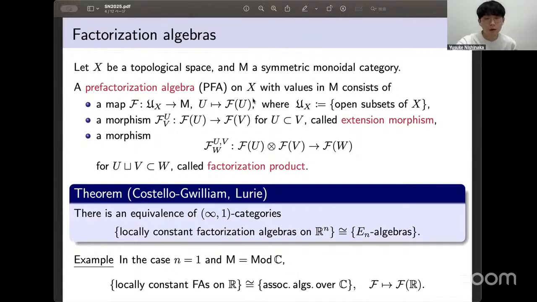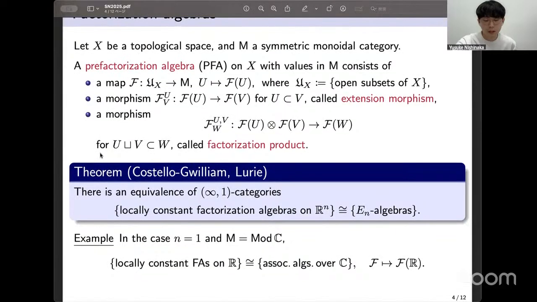A prefactorization algebra on X with values in M consists of the following data. First, a map F that assigns an object of M to each open subset U. Second, for each inclusion of open subsets, a morphism F_UV, which we call the extension morphism. These two pieces of data form a precosheaf.